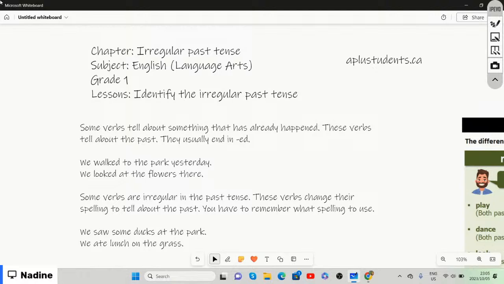But when it comes to irregular past tense, the verb changes. So the whole word changes, or a few letters change, like the spelling. The verb changes its spelling to tell us about the past. There's no rule that you need to follow. You are just going to have to remember what spelling you need to use.